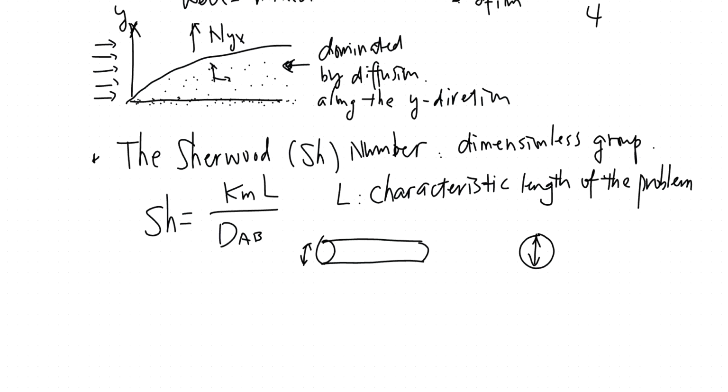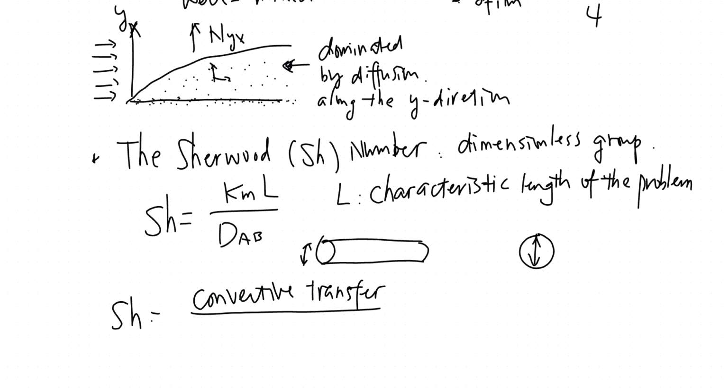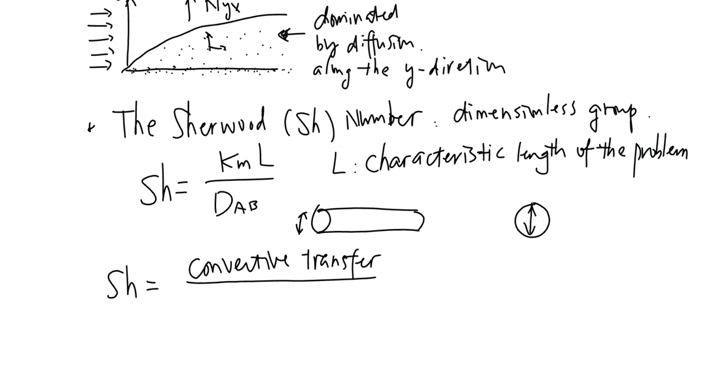So the physical meaning is the convective transfer above the plate. And in the denominator is the diffusion coefficient, so we know that it's diffusive transfer.